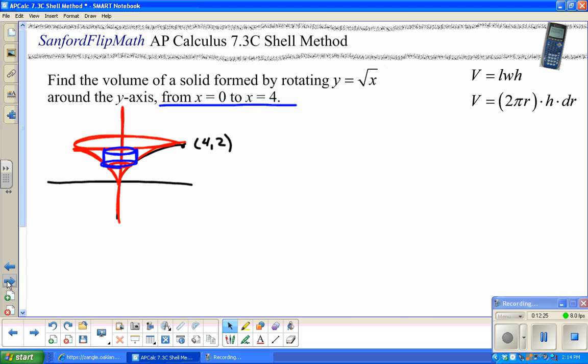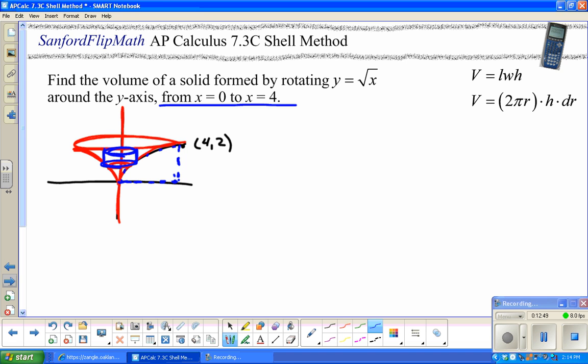Because this could be interpreted a different way, and I think I mentioned that on the last video, we could have interpreted it as meaning this bottom region between the x-axis and that, and so that would actually be a better one for doing shells than the one we're about to do. But I want to do the same problem that we did yesterday.